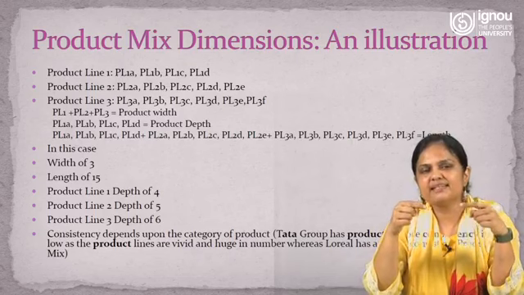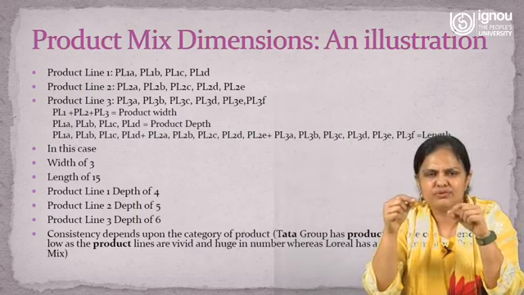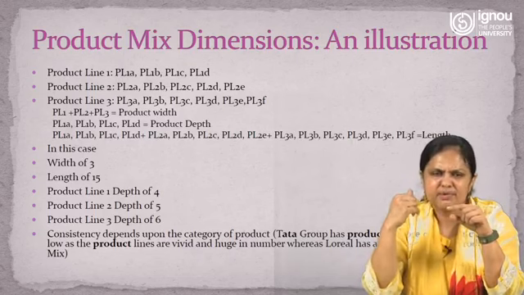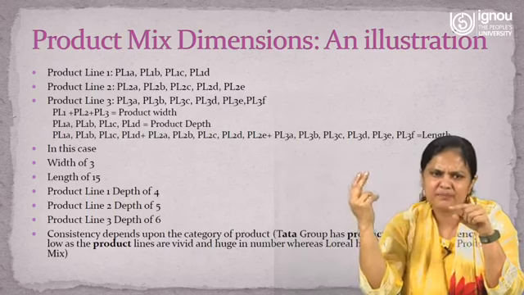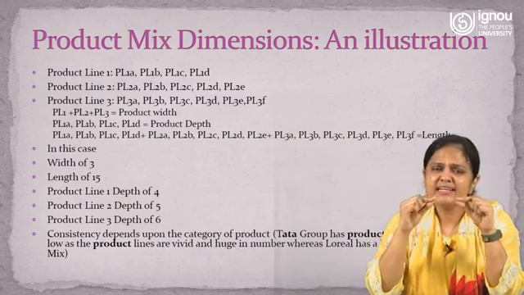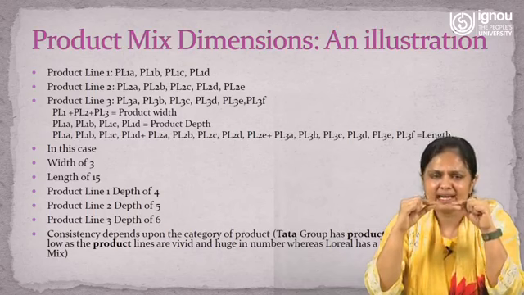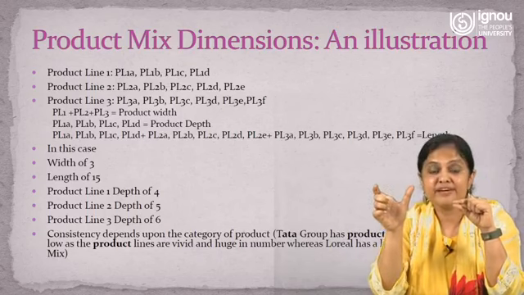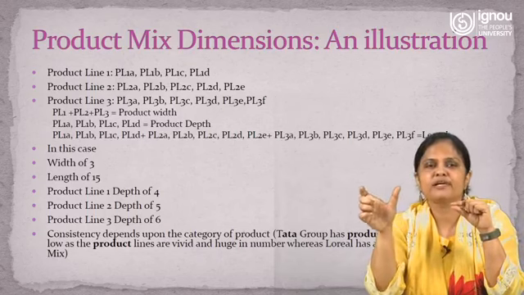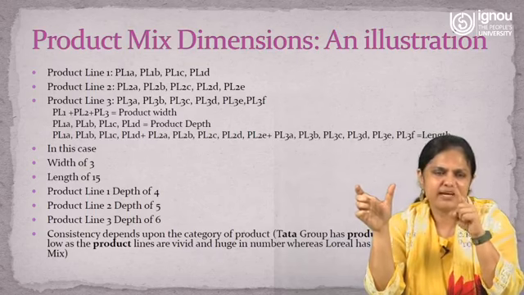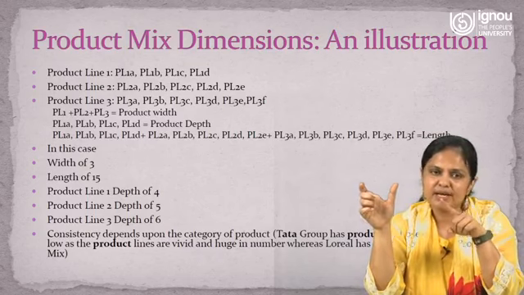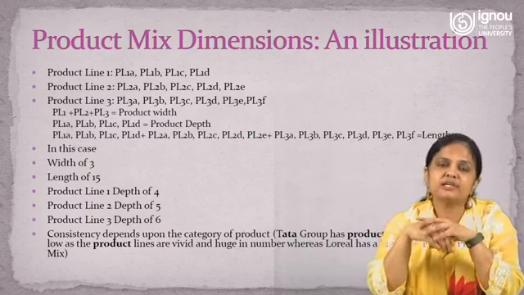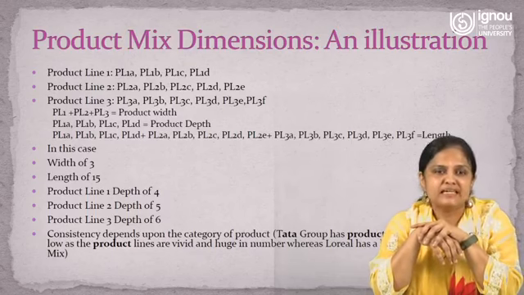Another product line that the company is offering is product line 2, we can call it cosmetics, maybe cream, maybe lipsticks, or maybe anything. In product line 2, we are taking an example that they are offering 5 individual products, product line 2A, product line 2B, 2C, 2D and product line 2E.